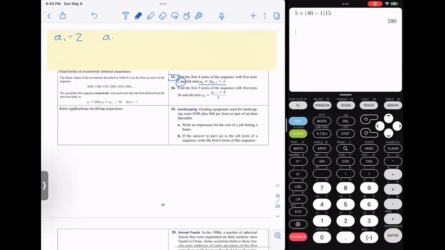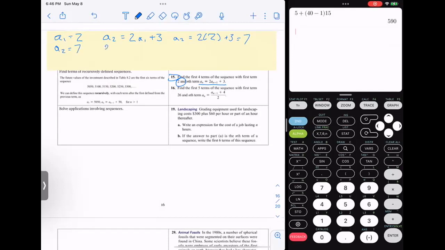So we want to find A2. Well, A2 is equal to 2 times a sub n minus 1, which is A1, plus 3. So A2 is just equal to 2 times 2 plus 3. In this case, that's 4 plus 3, which is 7. So our second term is 7.